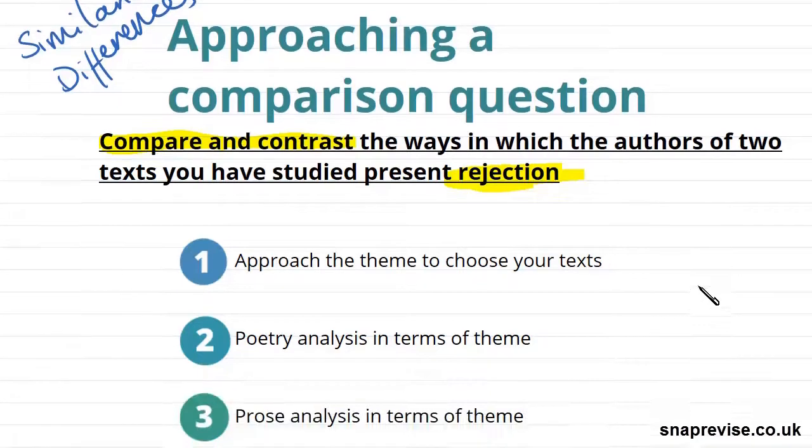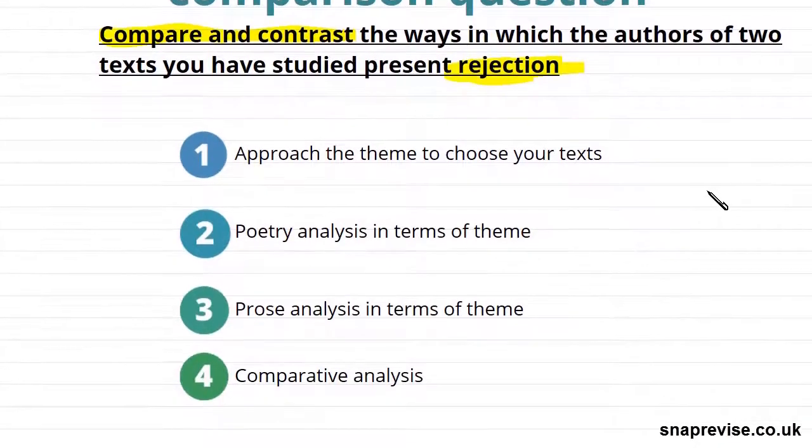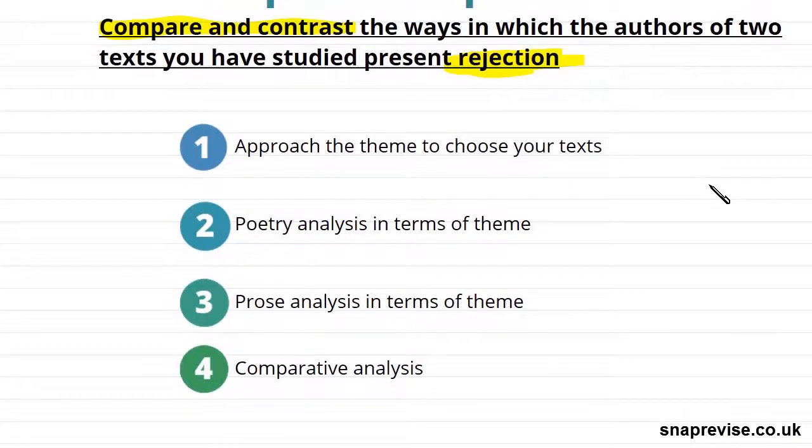But here are the main steps which you should follow to do a comparison question of this kind. So firstly, you should approach the theme to choose your text. So we should do a mind map or something like that to do with the theme of rejection to see which text you're going to choose. Then the second step is the analysis of the poem in terms of the theme.